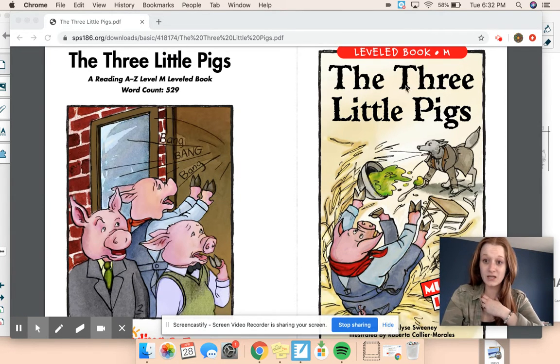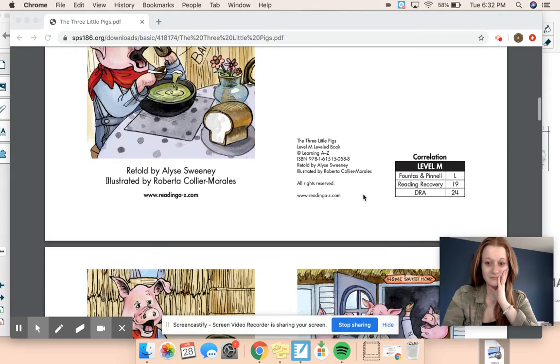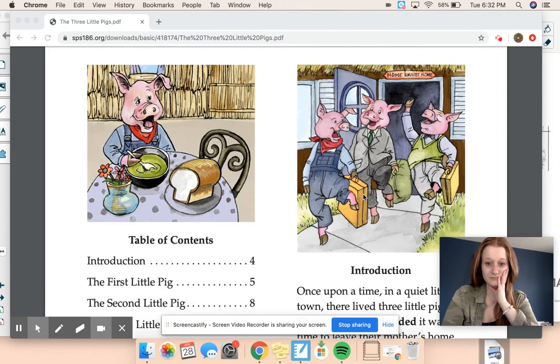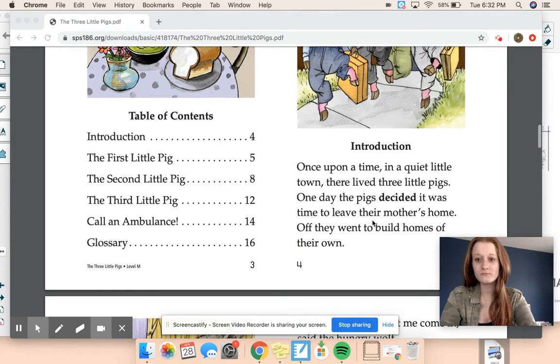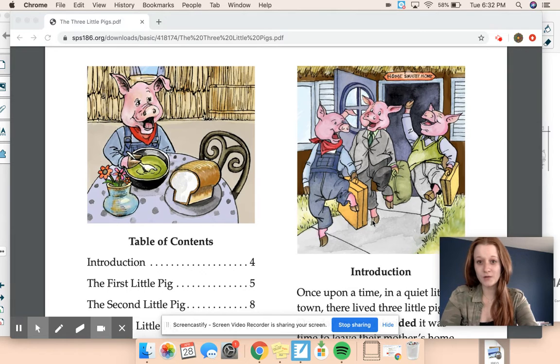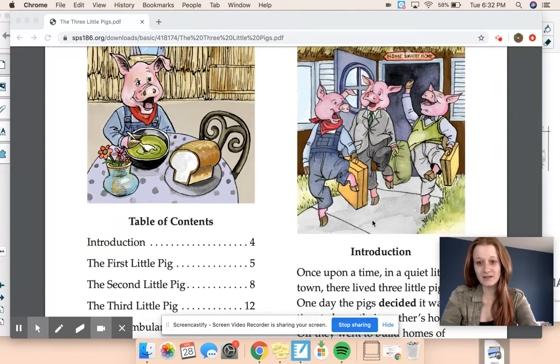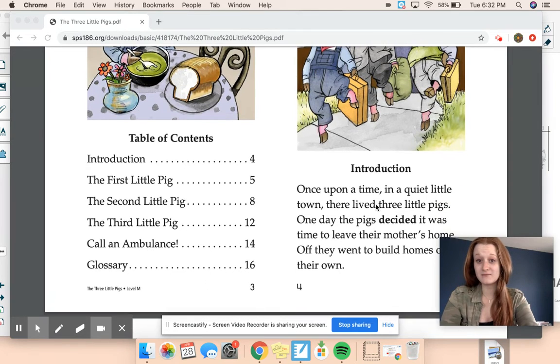The Three Little Pigs. Okay, I'm starting here. You can take a look at that picture and then I'll scroll up. And actually, if you enjoy these pictures, you can go on to Raz Kids and find this exact book.